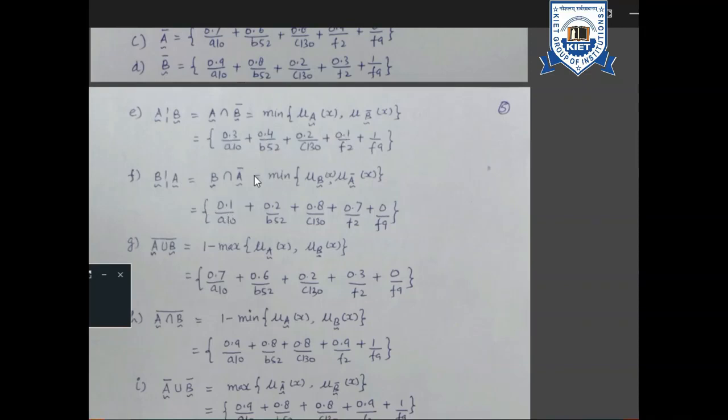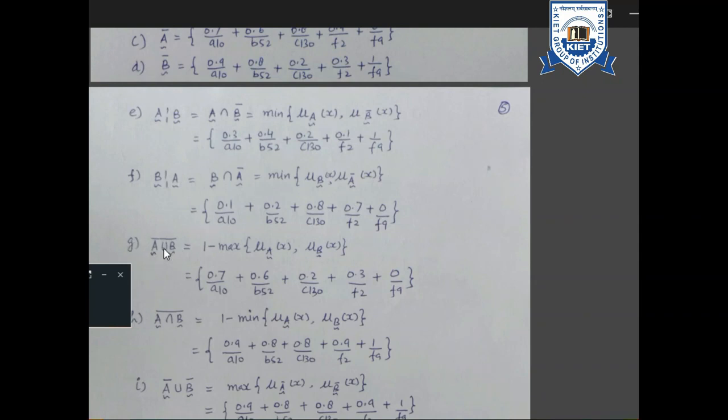So we apply this rule and we will make the final set. Similarly, we have done question number F. Now from the point that we are asked to make the complement of the union of two fuzzy sets. First of all, we are making the union, and then finally we are making the complement of them, right?